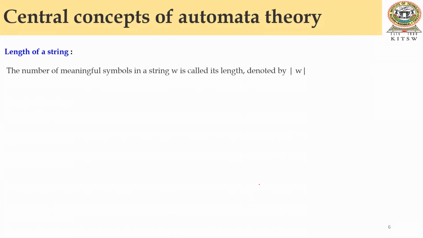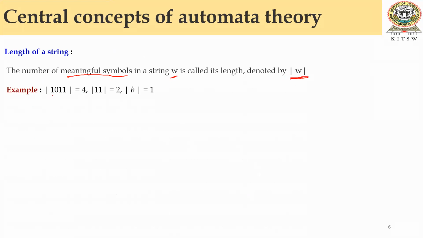Length of a string. The number of meaningful symbols in a string w is called its length, and it is denoted by |w|.